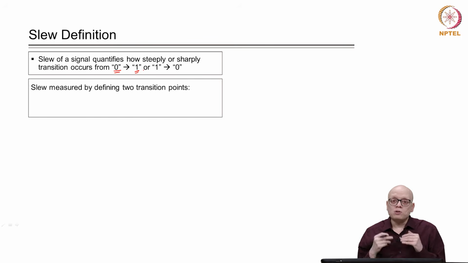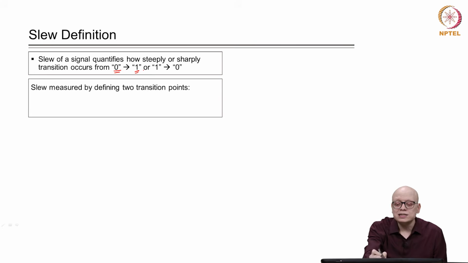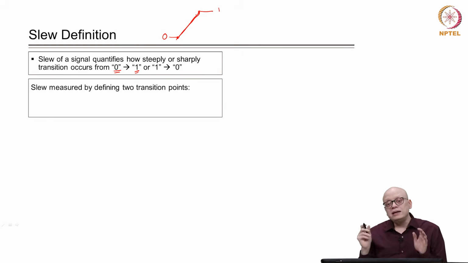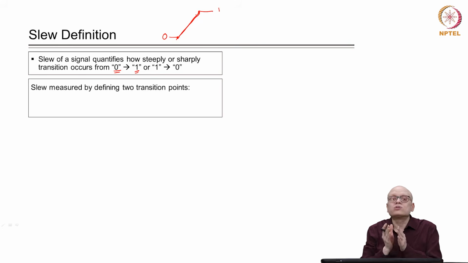In a technology library we define slew by assuming that our signal is rising in a linear manner. From 0 to 1 the signal rises in some manner, and the slew basically characterizes the average slope of this line.